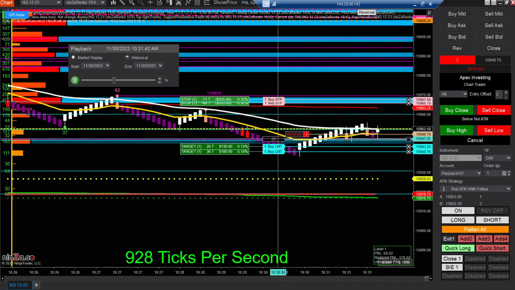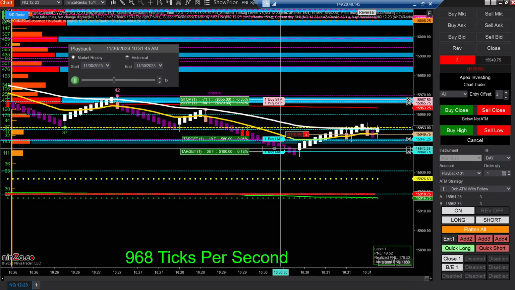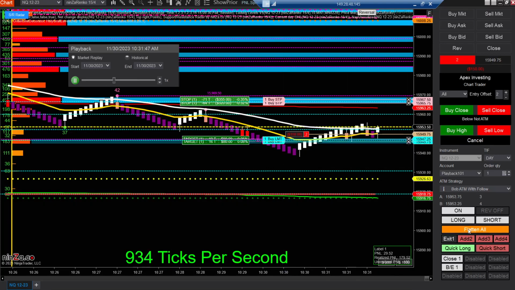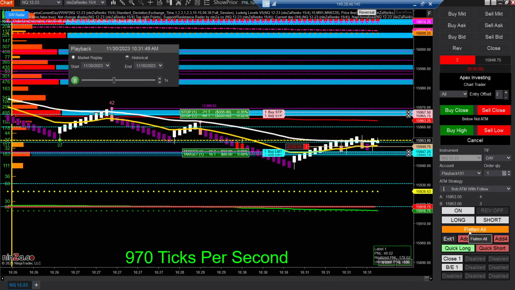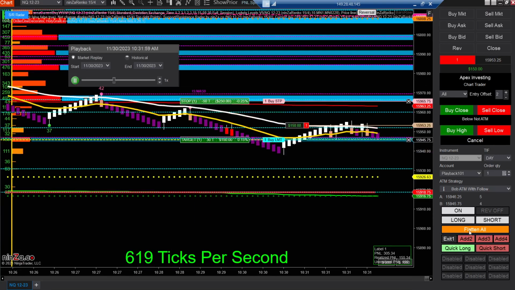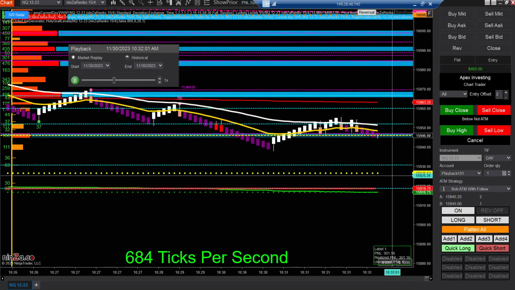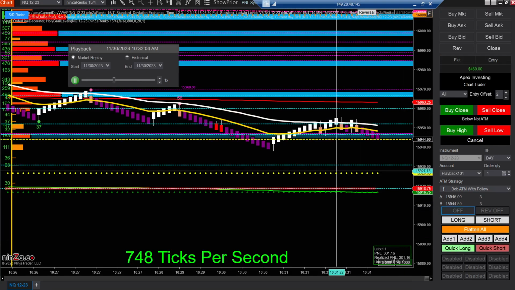Should have had my target there. That's those levels. Here it comes. Yeah, signal's actually coming. Order filled. Order filled. There you go. And you shut off.